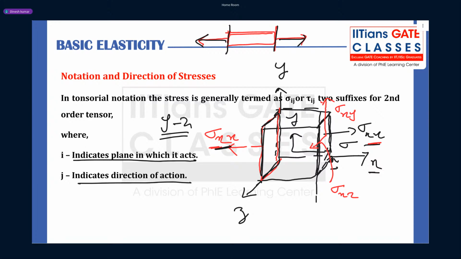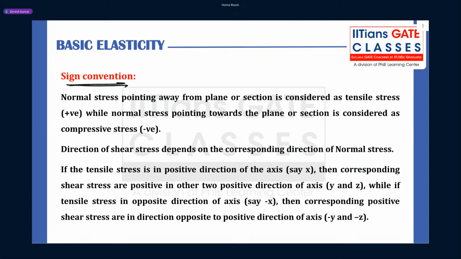Here this tensile stress sigma xx is going in the negative x direction, so my corresponding shear stresses will also go in the negative y and negative z direction. So this will be sigma xz, and this will be sigma xy. Clear?